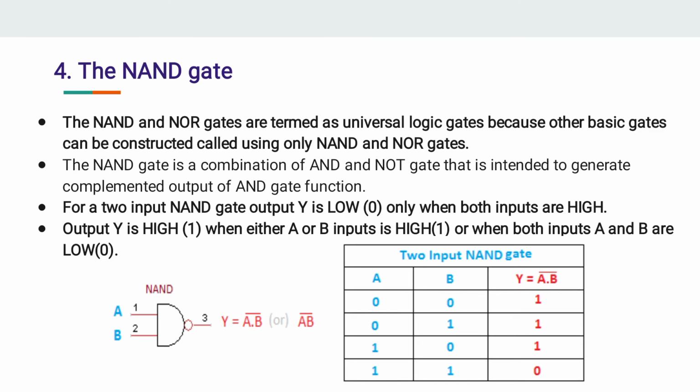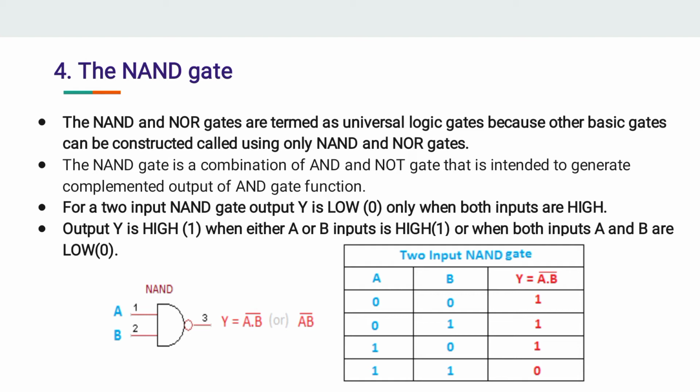The next gate is the universal gates. Up to this we studied the basic elements of a digital system, nothing but the OR gate, AND gate and NOT gate. Now onwards we are going to study the universal logic gates. The universal logic gates consist of two gates, NAND and NOR.